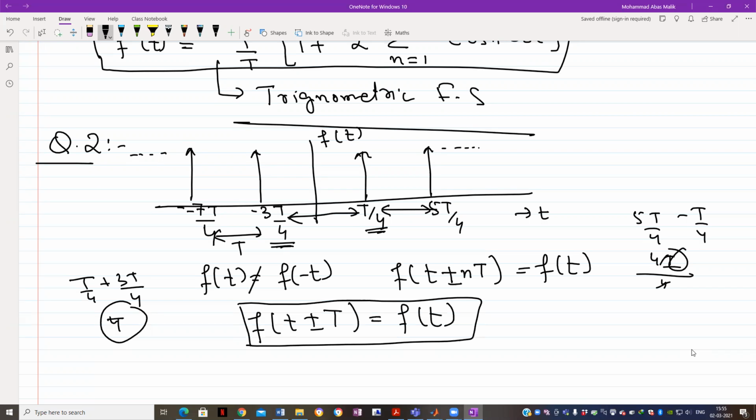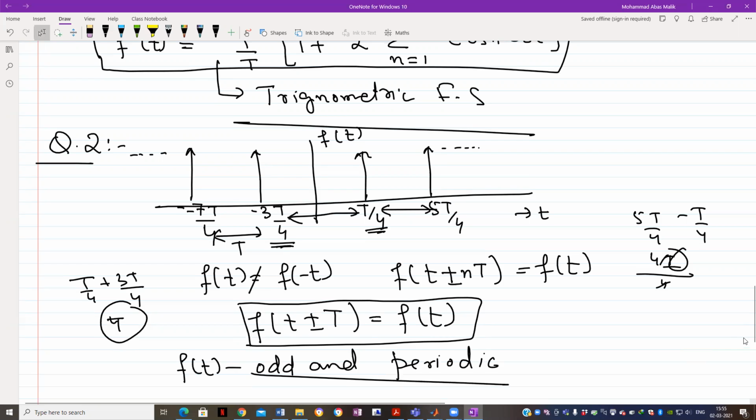So we conclude that the above signal f of t is odd, and periodic. So the signal is odd and periodic.